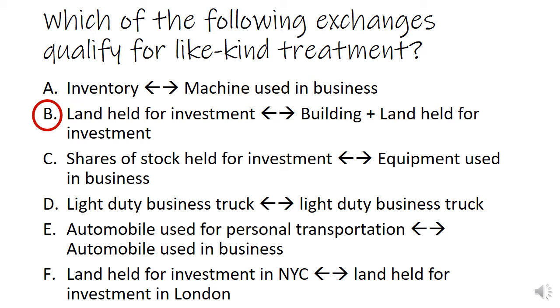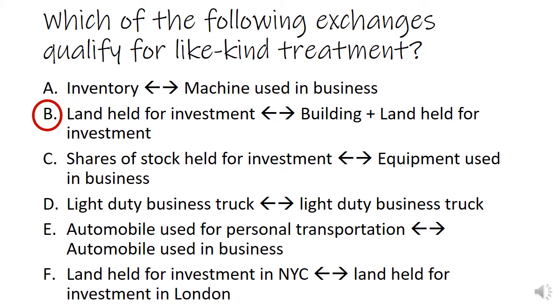Item C deals with a capital gain property swapped for a personal property. Item D deals with identical exchanges that might qualify for a tax-free exchange under other sections, but they don't qualify for Section 1031. It's personal property swapped for personal property.